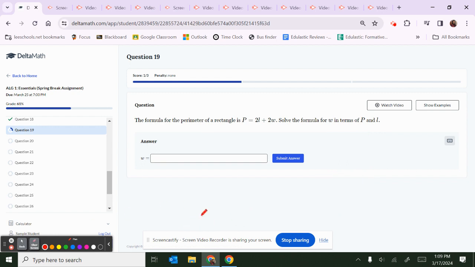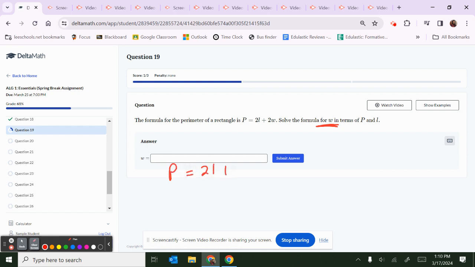For this one, guys, it says the formula for the perimeter of a rectangle is P equals 2L plus 2W. So 2 length plus 2 width. That is the formula for perimeter. It says solve the formula for W. So the aim is to get W all by itself.